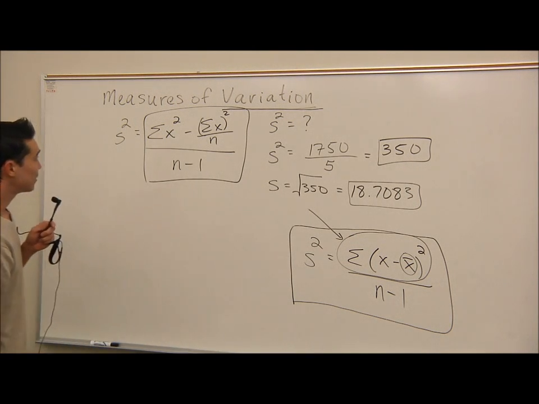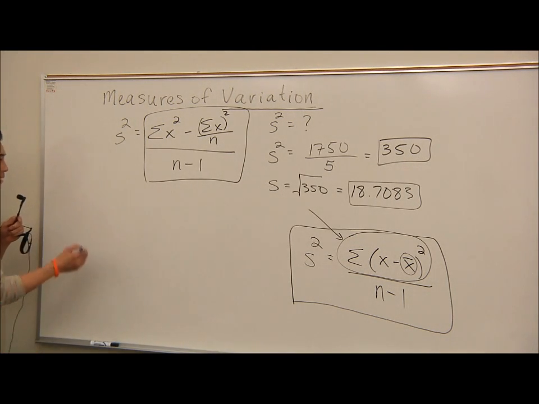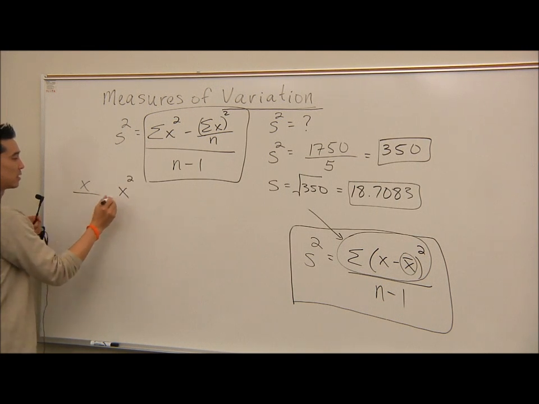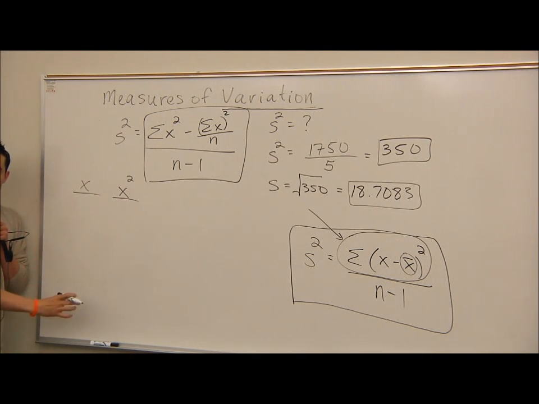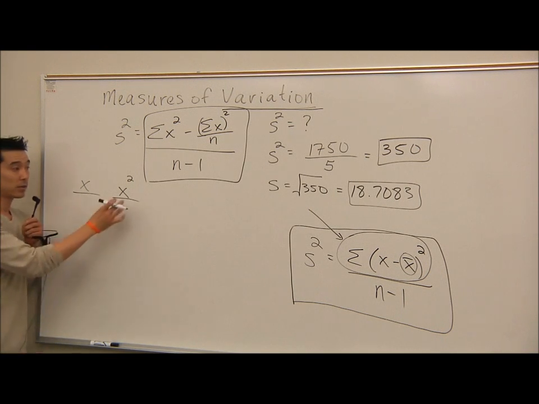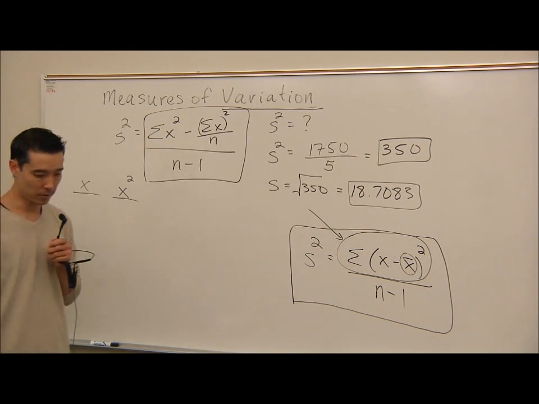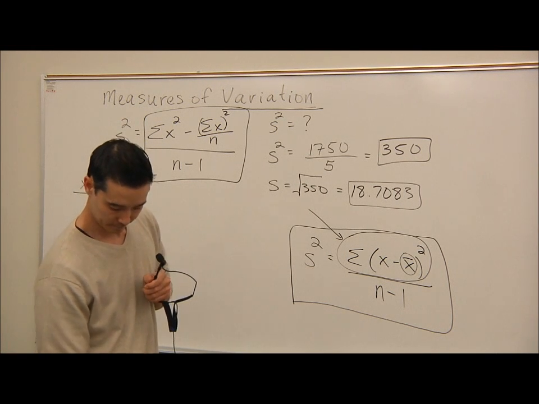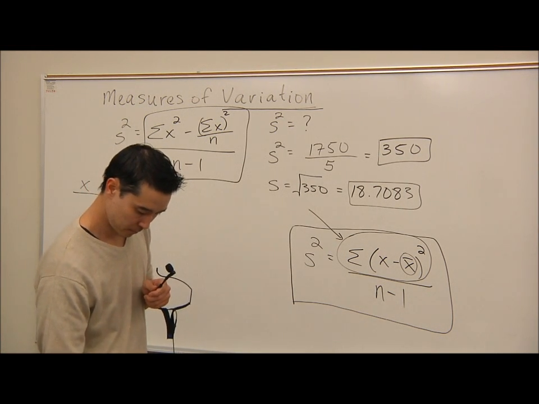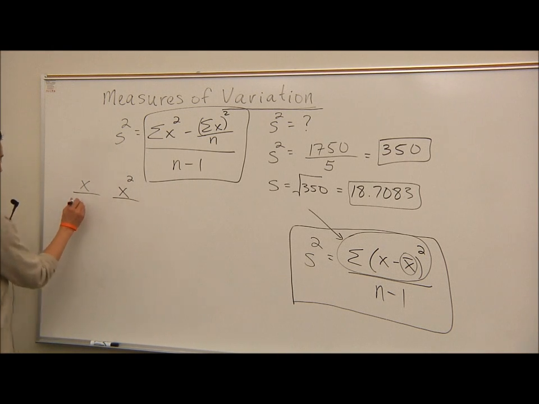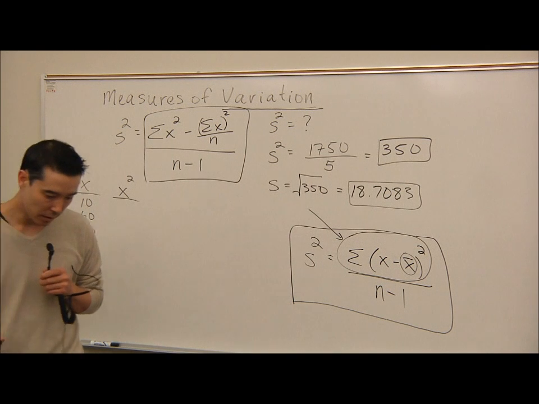All right, so how does this example work? Let's take a look at our x's again. Let's just do the same numbers. I want just these 2 columns. I want an x column where you just list out your x's, and then the second column, I want you to list out your x squareds. That's it. Same numbers that we had before: $10, $60, $50, $30, $40, $20.